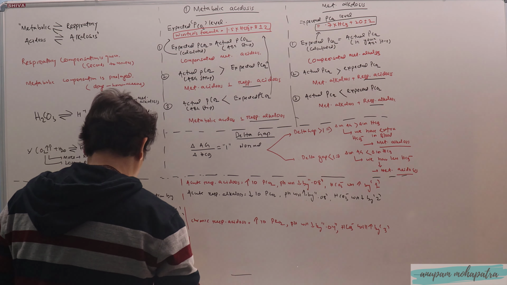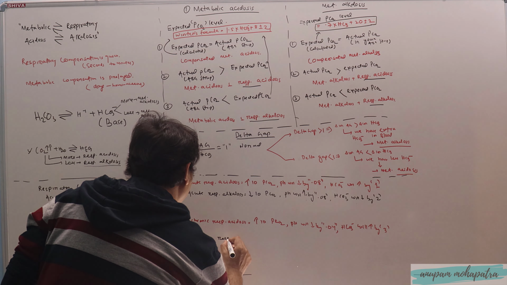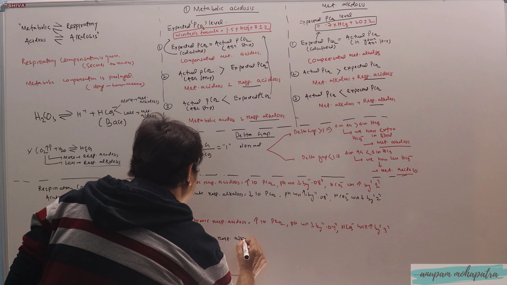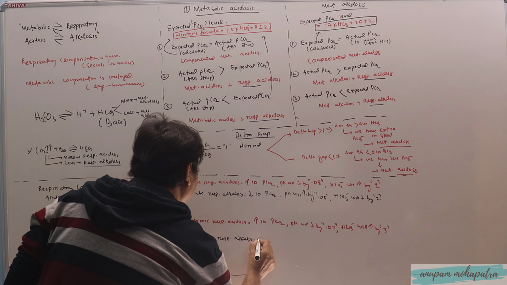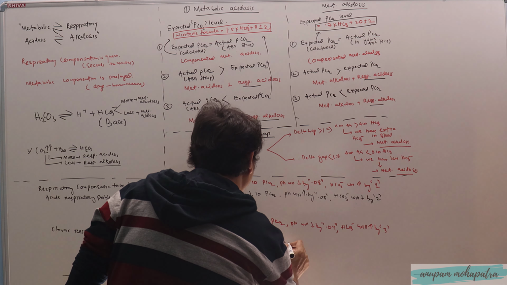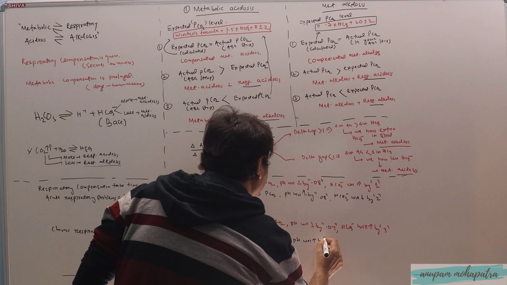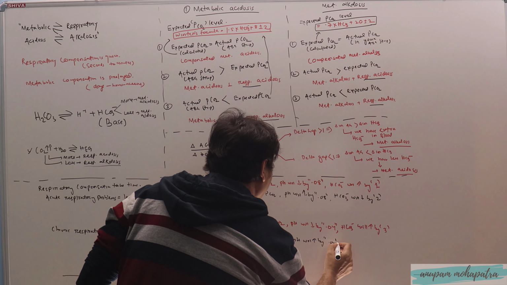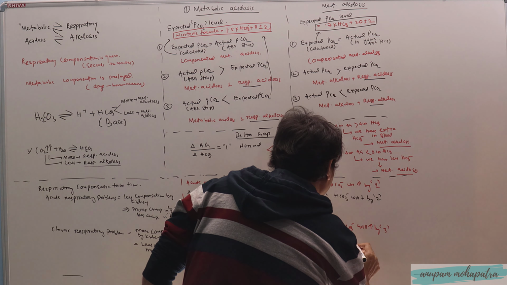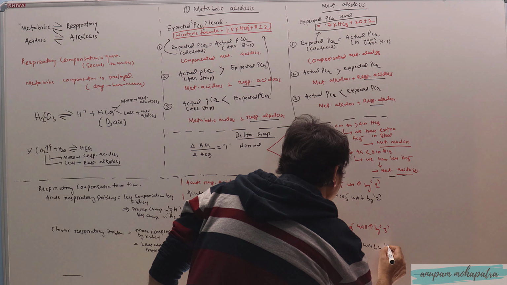And the last, for chronic respiratory alkalosis, for each decrease of 10 in PCO2, pH will increase by 0.04, and bicarbonate will decrease by 4.